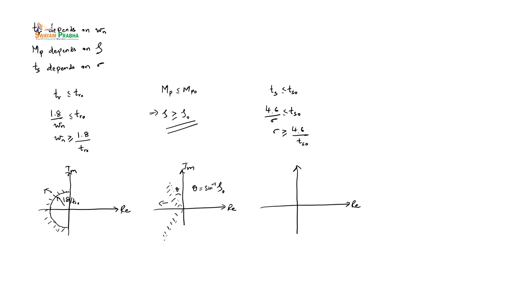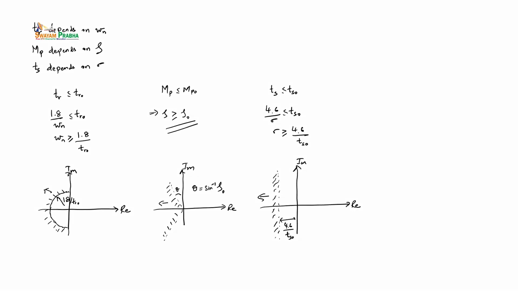So, we can draw a line at a distance of 4.6 divided by Ts 0, and anything in this region that is on the left side of this line will satisfy this condition that sigma is greater than this value and Ts is less than some Ts 0. So, settling time will be less than Ts 0.